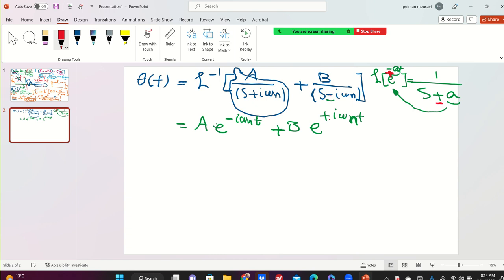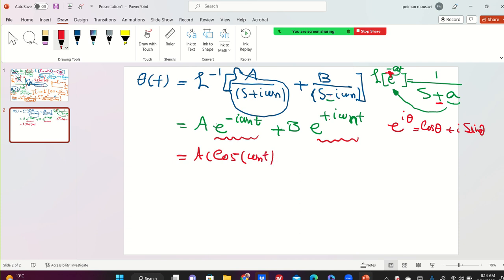Okay, we got the solution. And I taught you about the Euler formula, that's right. e^(i theta) is cosine theta plus i sine theta. Remember? I taught you in this course. The same is here. So it's going to be a, again, now it's familiar because I already taught you, cosine omega t plus i sine omega t.